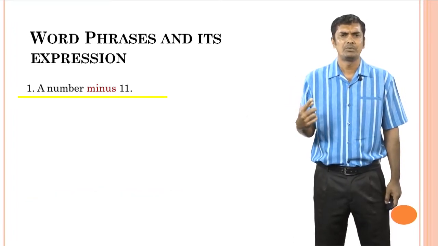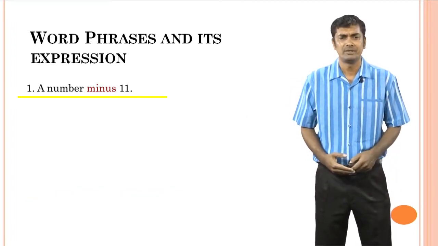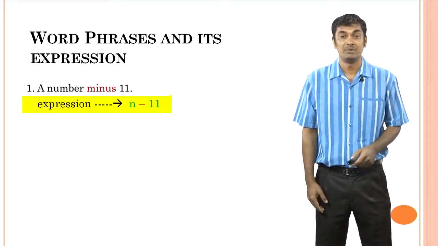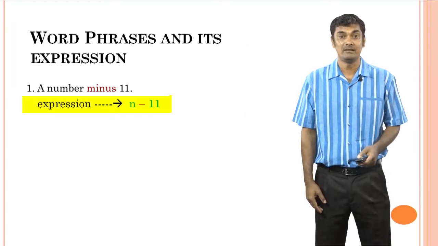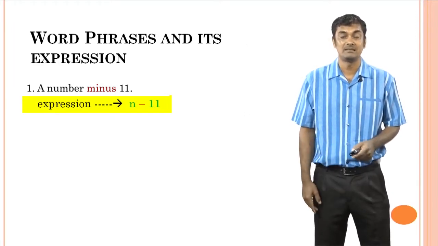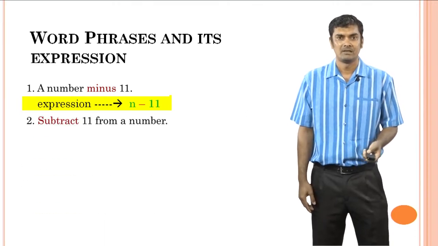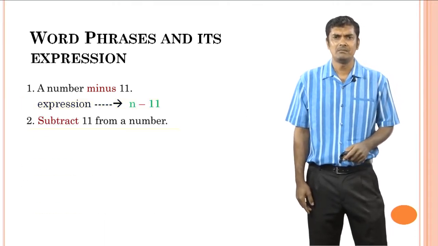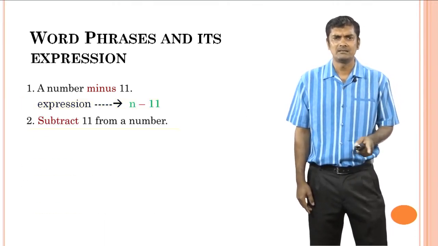Now, how about when we say a number minus 11, for example? How do we write that mathematically? It can be written as n minus 11, where the minus there means the mathematical symbol of subtraction. Subtract 11 from a number. Subtract, minus, same thing.